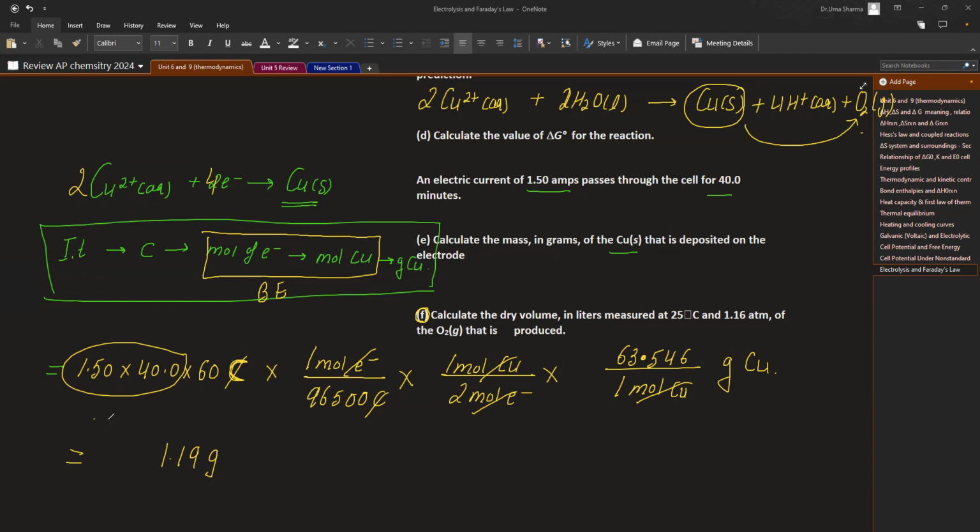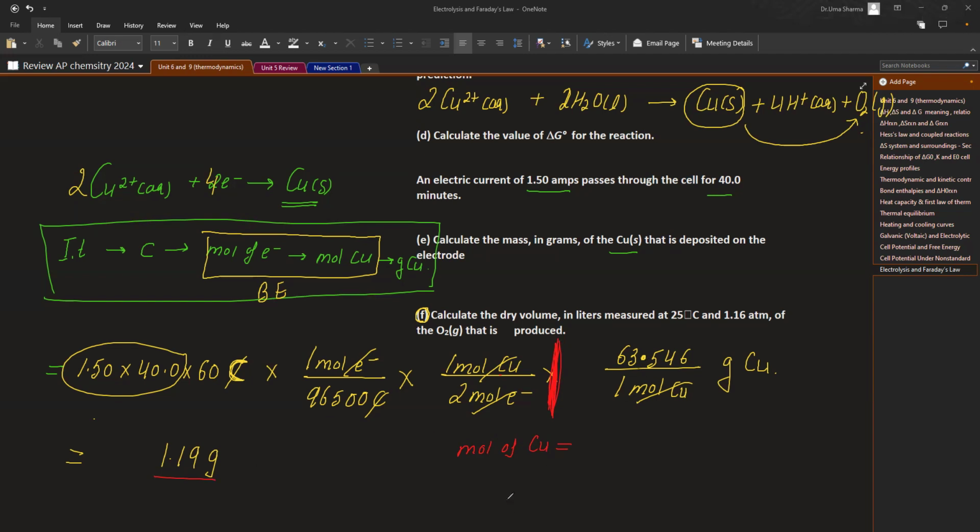So I'm not going to use this calculation again. So what I'm going to do, I'll stop here, get the moles of copper. So how many moles of copper are there? Just do the calculation up to this part, or divide this number by 63.546.